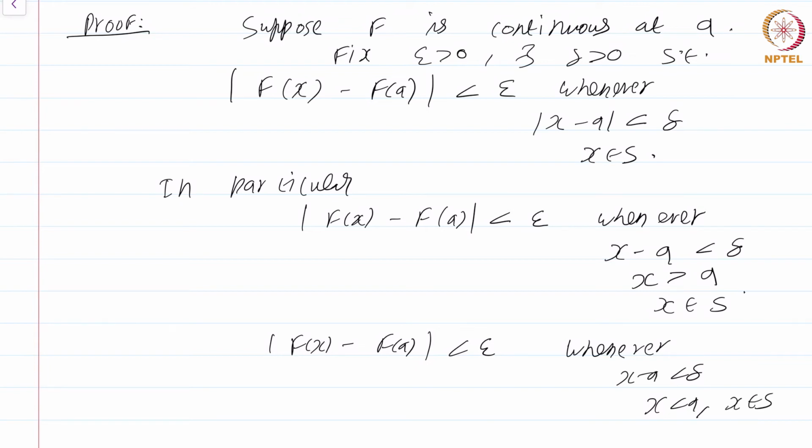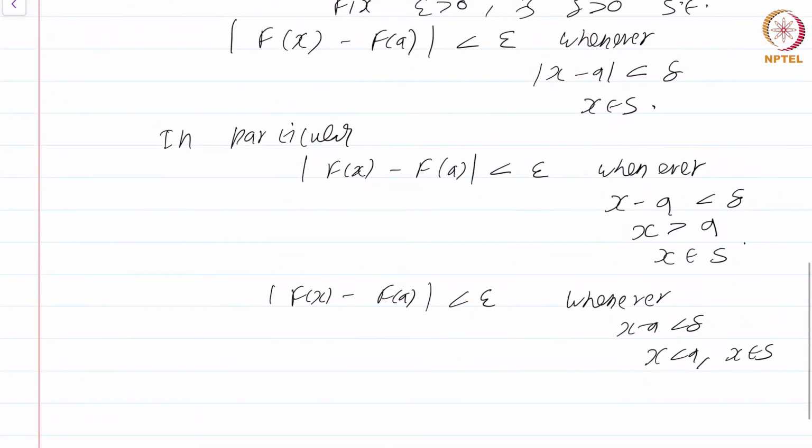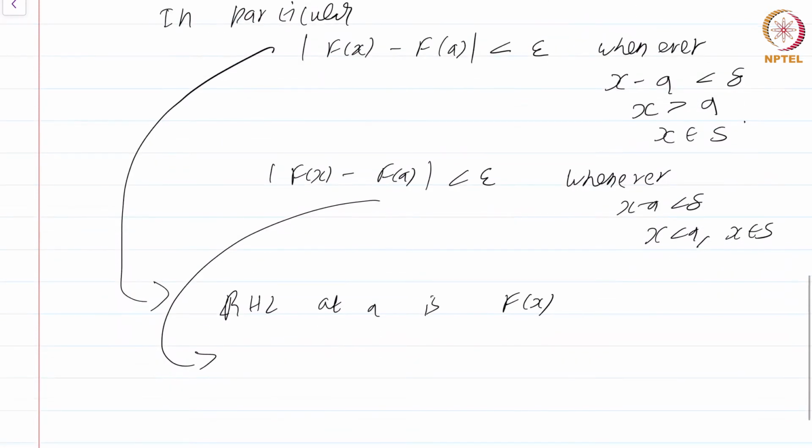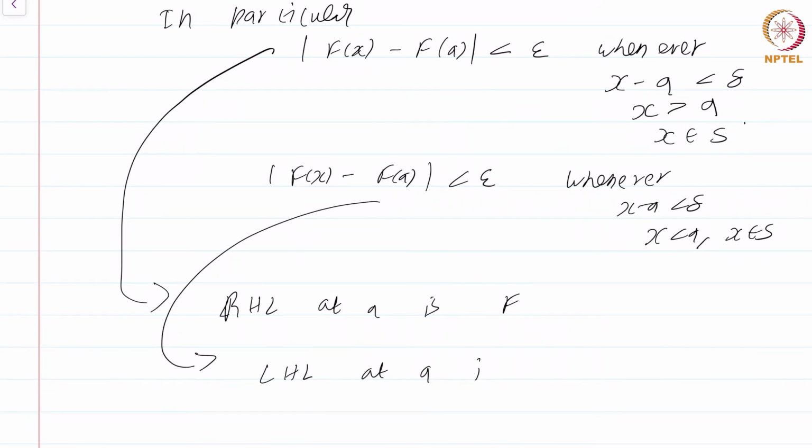This is also true. Both will have to be true if you want the previous statement, mod f of x minus f of a less than epsilon whenever mod x minus a less than delta and x in S, right? But this just says right hand limit at a is f of a, and this just says left hand limit at a is f of a, right?